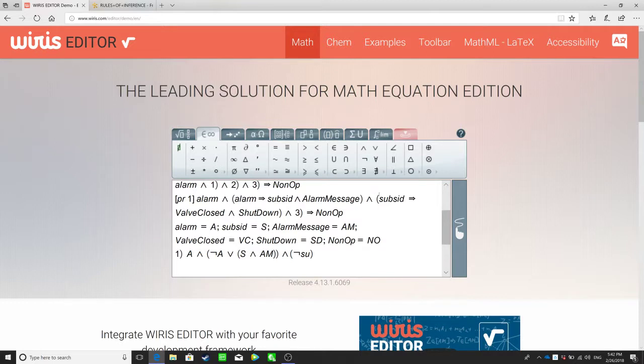And here is negation S or valve closed and shut down, and then we have and 3.